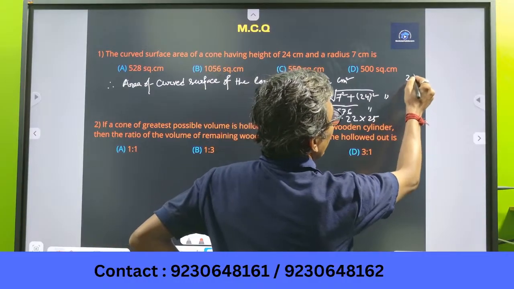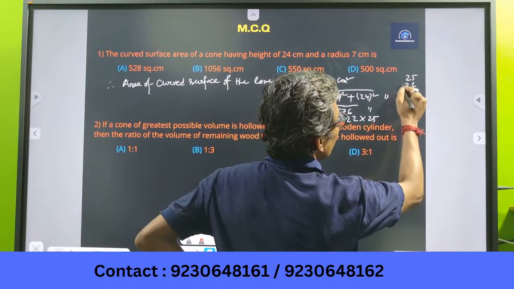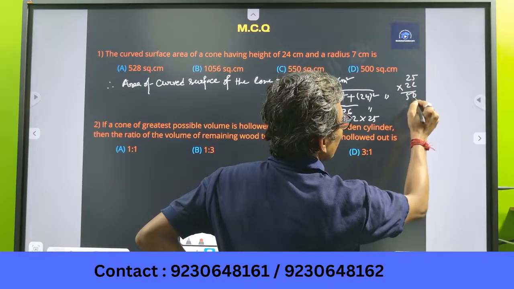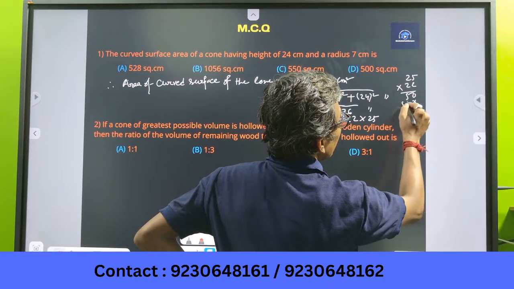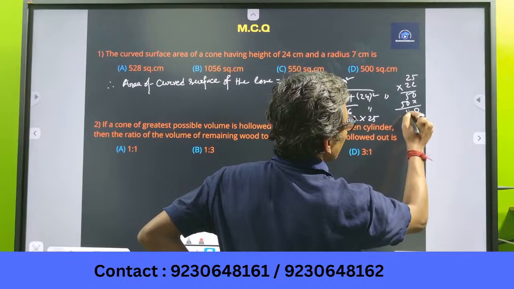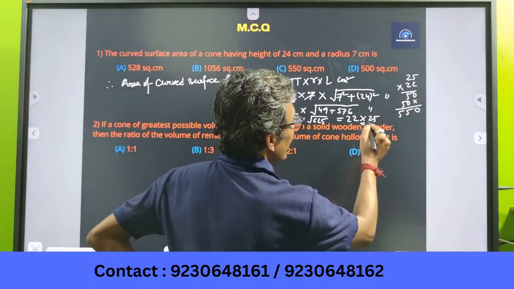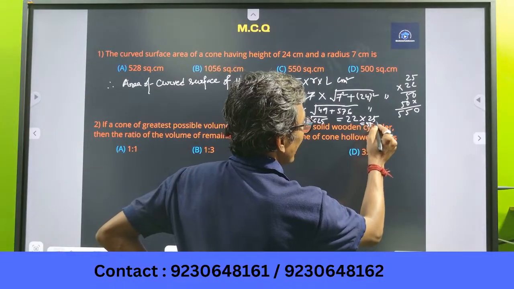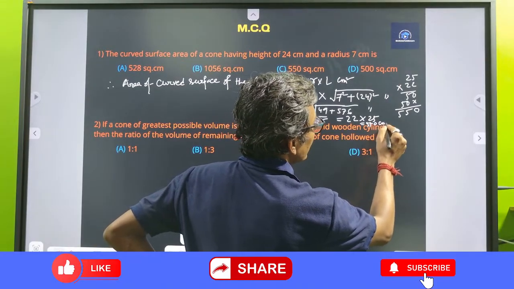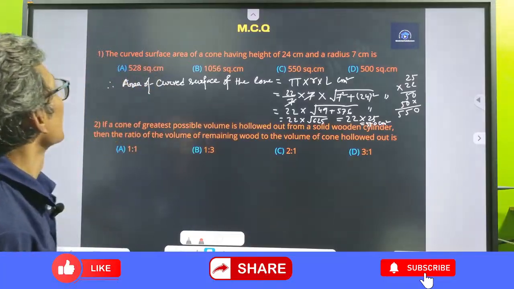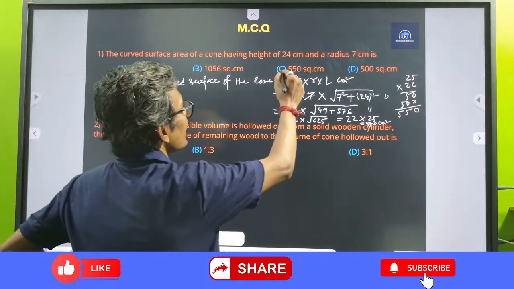So 25 into 22. So required answer is 550 centimeters square. So right answer is C.